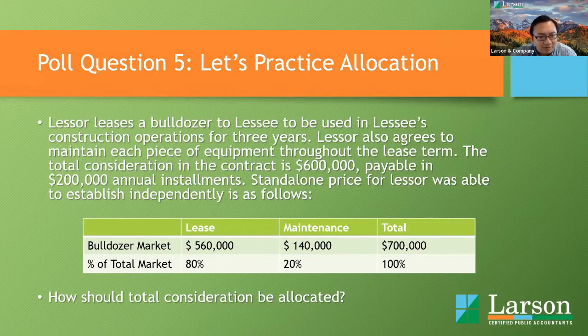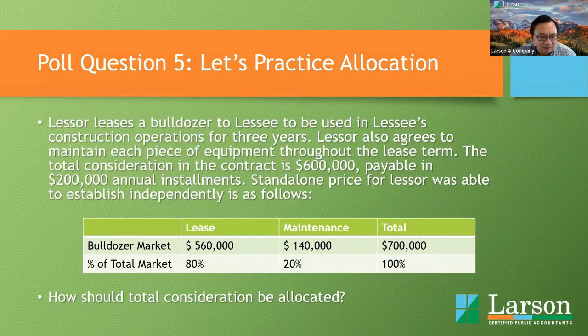So I'm going to give you some time to look through this. We do know the standalone prices, by doing our market research, to be $560,000 for the bulldozer, and $140,000 for the maintenance cost, for a total of $700,000.